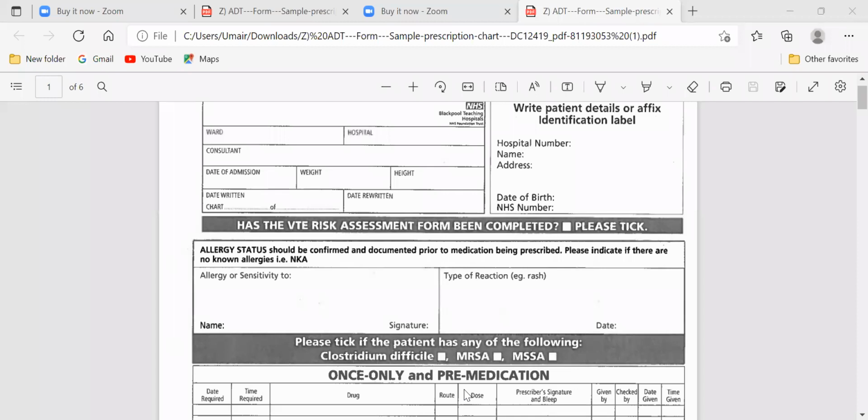Underlying medical condition, patient having hyperlipidemia and asthma. So your consultant has prescribed ibuprofen for the patient.